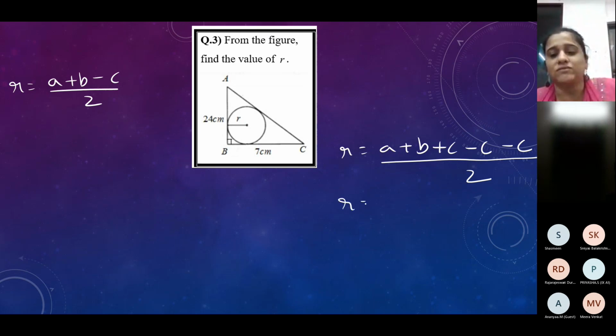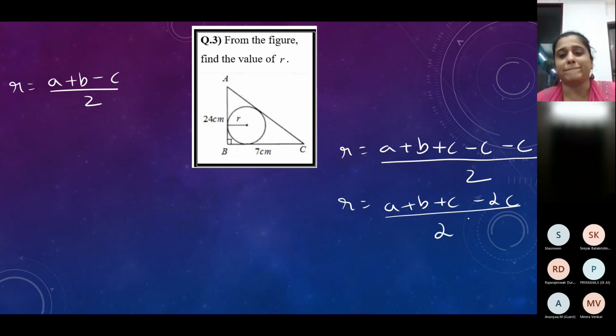So next step, R is equal to A plus B plus C, what is A plus B plus C? Perimeter. Let me not trouble you like this, you can understand this yourself, children. Is this correct?